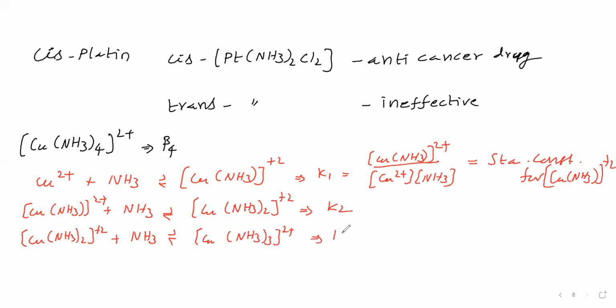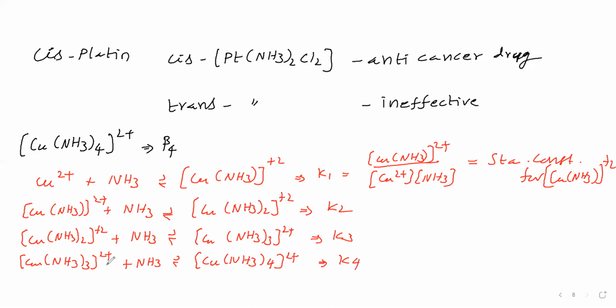For this the equilibrium constant is K3. Next, Cu(NH3)3 2+ with ammonia gives Cu(NH3)4 2+. For this the equilibrium constant is K4.